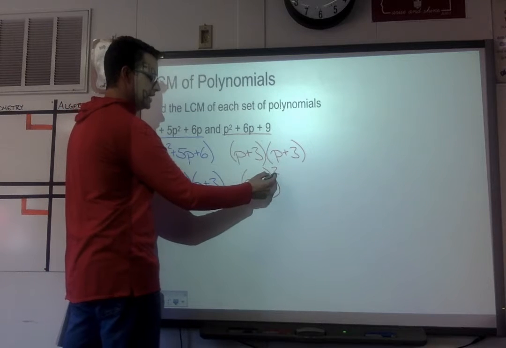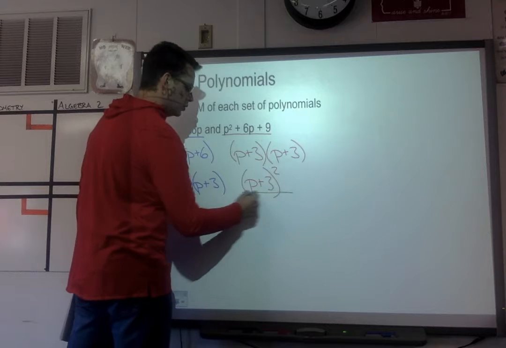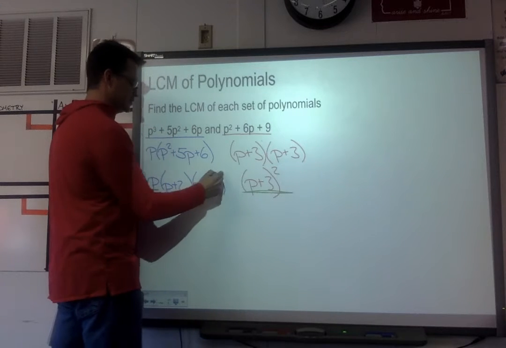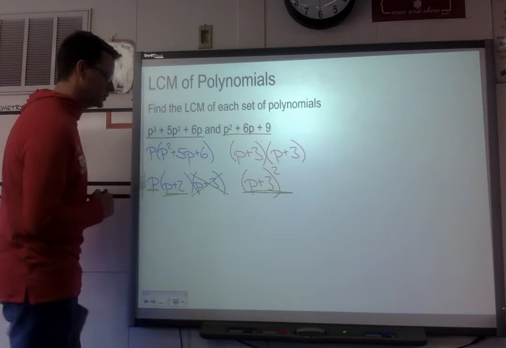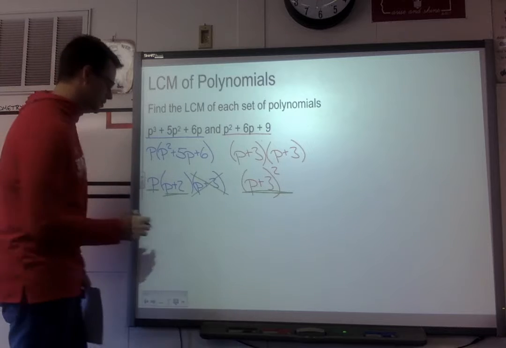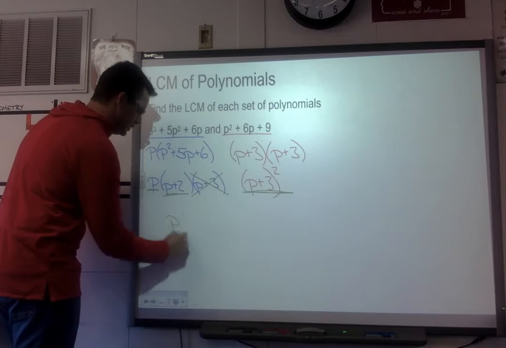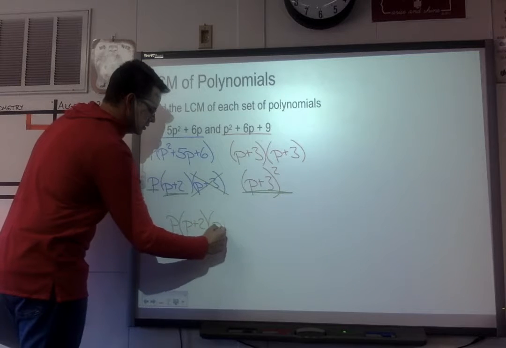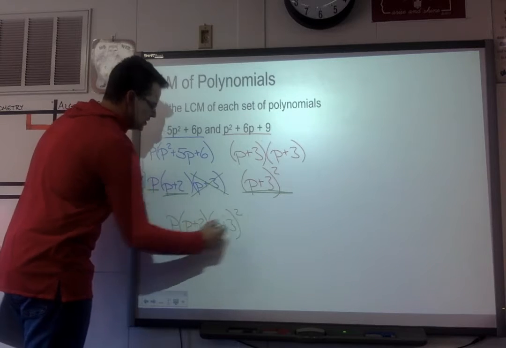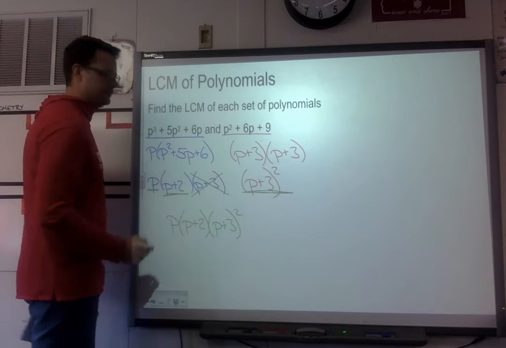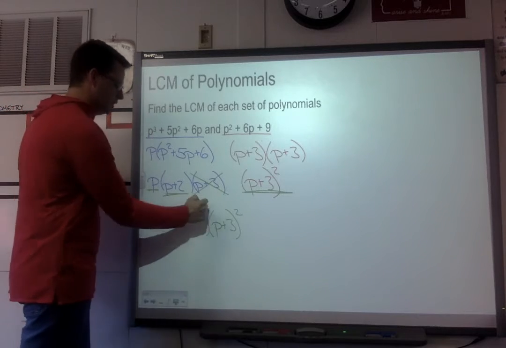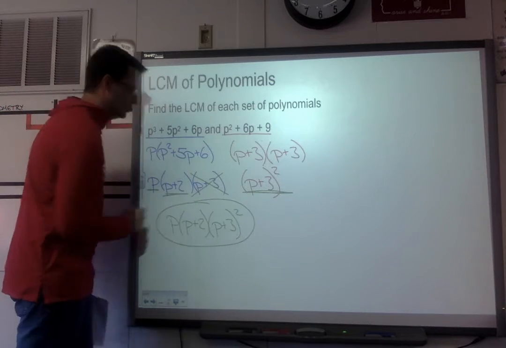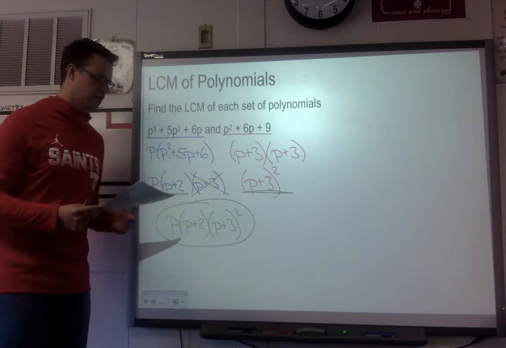Since this one has a higher power, we're going to use that p plus 3 squared term and get rid of this one, then we multiply those together. So p times p plus 2 times p plus 3 squared. We don't actually have to FOIL them, distribute that p. You would write your final answer in this form with the factors.